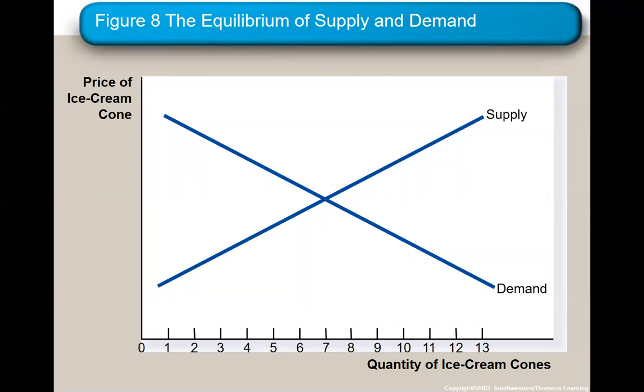And then starting with demand, just remember a change in demand, a shift in demand, an increase or decrease in demand, shifts the whole curve. Quantity demanded is just a change up or down this line.